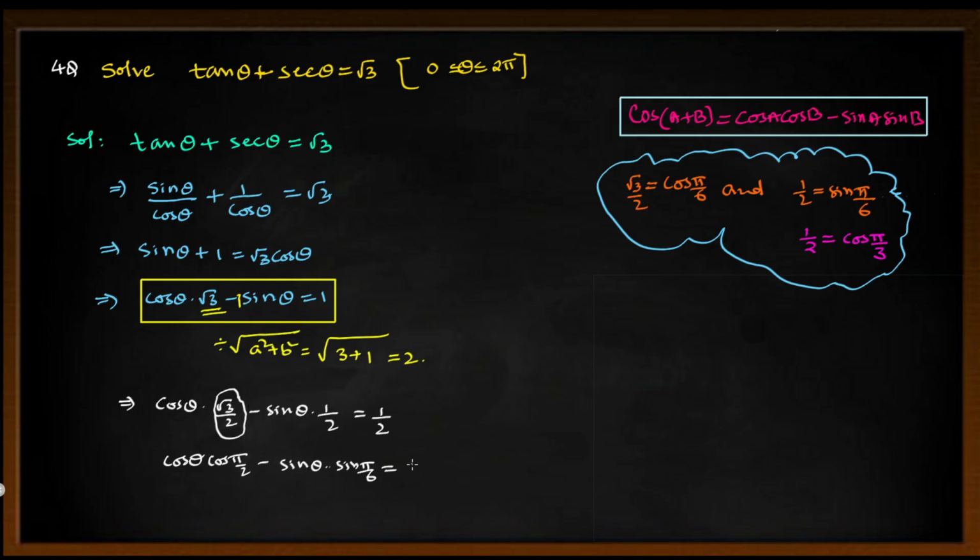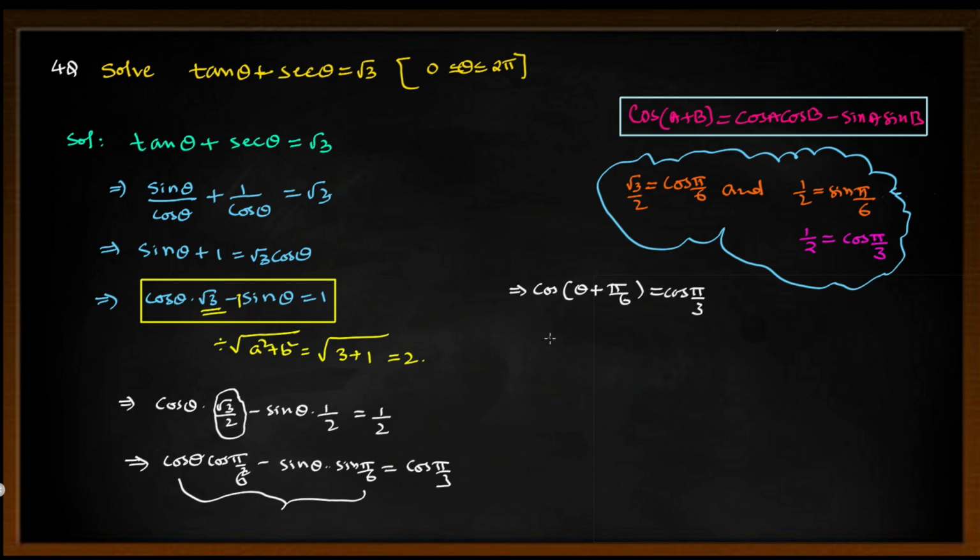And 1 by 2 in terms of cos is cos pi by 3. So cos A cos B minus sin A sin B is the formula for cos of A plus B: cos of theta plus pi by 6 equals cos pi by 3.